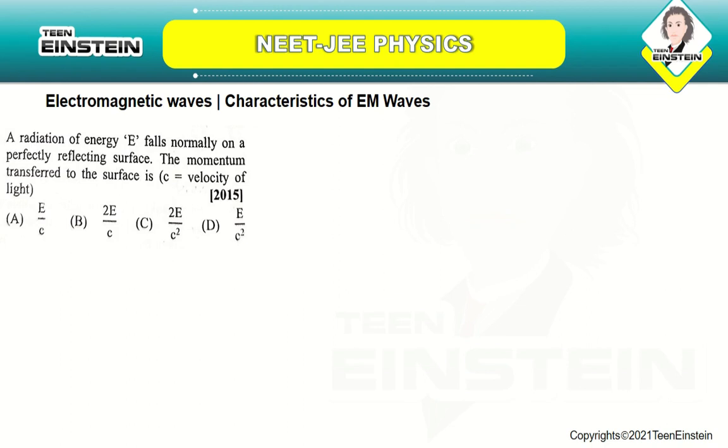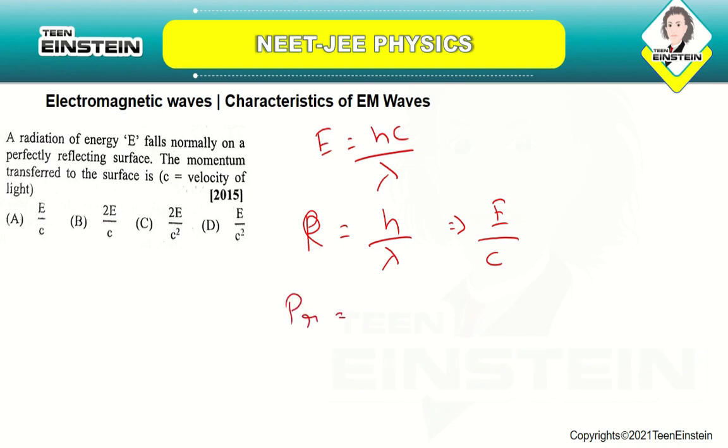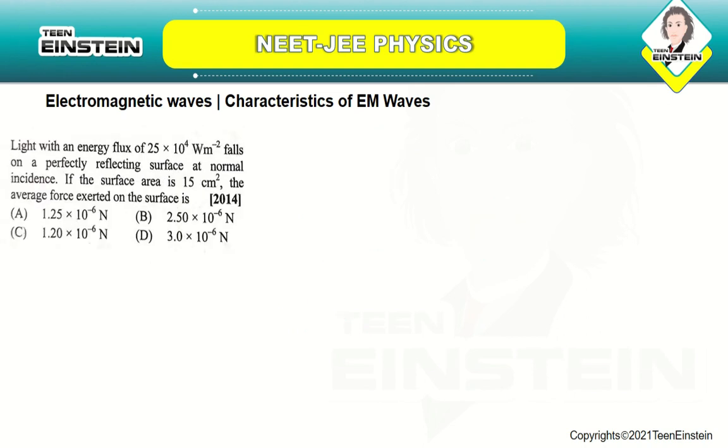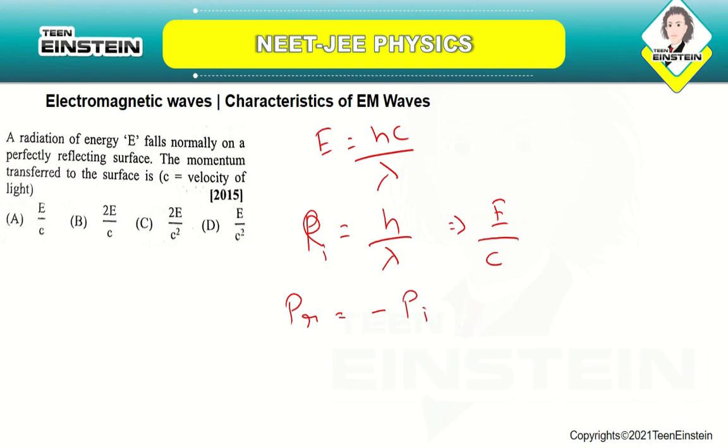We all know that the energy of radiation is given by E equal to hc by lambda, and the momentum of incident radiation is given by P is equal to h by lambda, which is equal to E by C. The momentum of reflected radiation PR is equal to minus of Pi, so it will be equal to minus E by C. The total momentum transferred will be P equal to Pi minus PR.